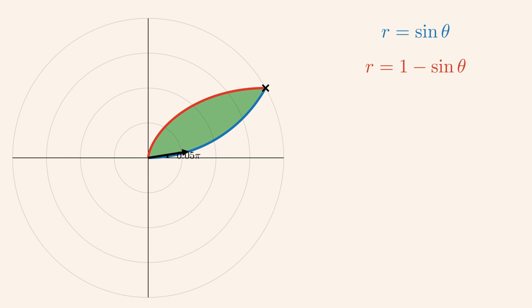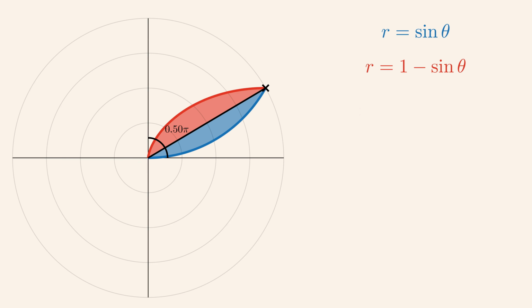First, we sweep along the blue curve from 0 to pi by 6, which is approximately 0.17 pi. This is where the intersection occurs, and the sweep gives us the blue region. Next, we sweep along the red cardioid from pi by 6 to pi by 2, giving us the red region.